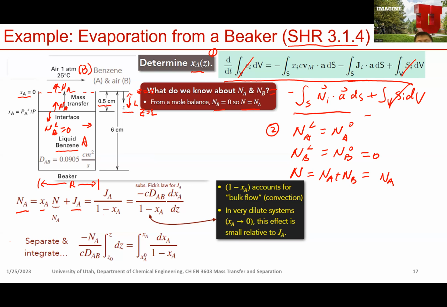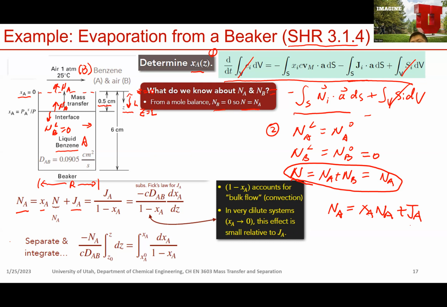Now, because N equals NA and NB is 0, we can just replace N here with NA. Now we have NA on the left-hand side and right-hand side of the equation. So we have NA equals XA NA plus JA.